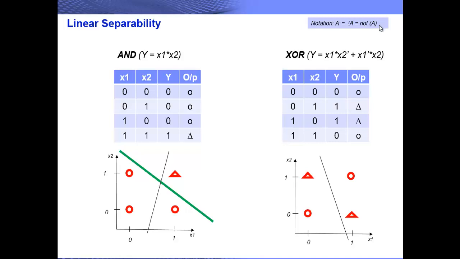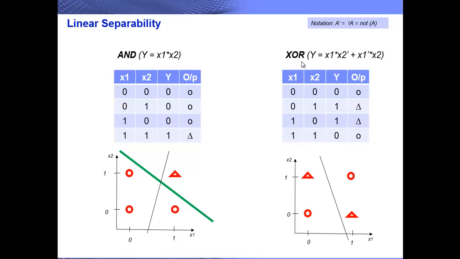Most digital electronics books will write A bar, that means A with a line on top of A. That's nothing but the complement of A. If the A value is 1, then A bar will be 0. If A value is 0, then A bar will be 1. So it just complements the value of A.